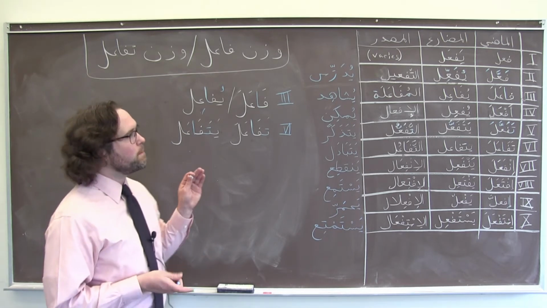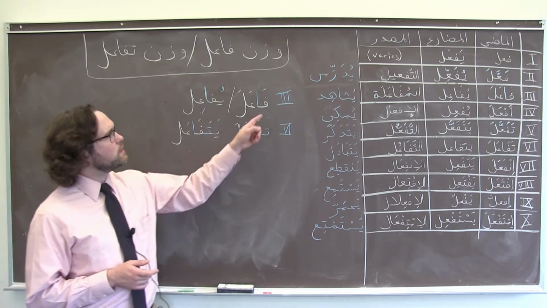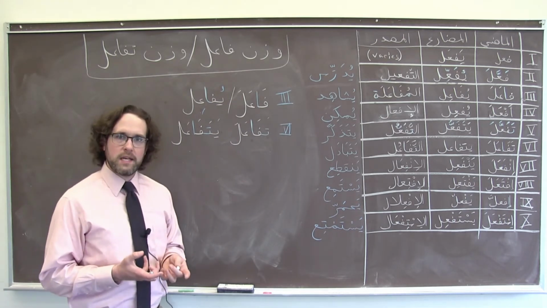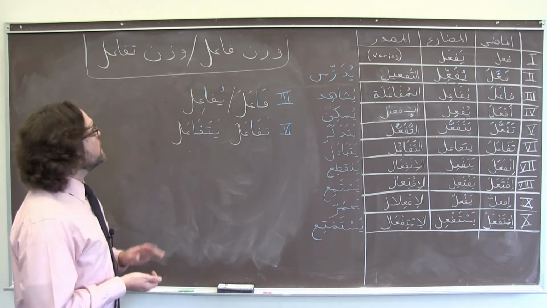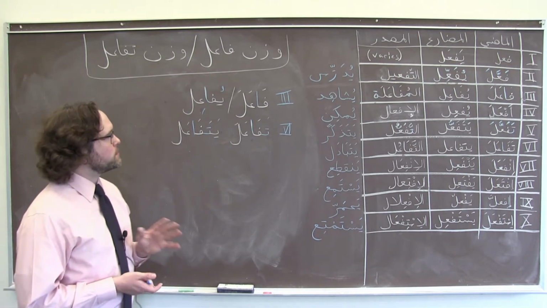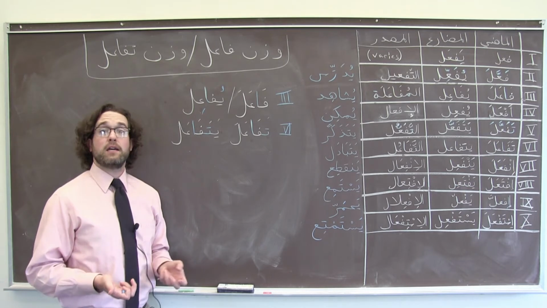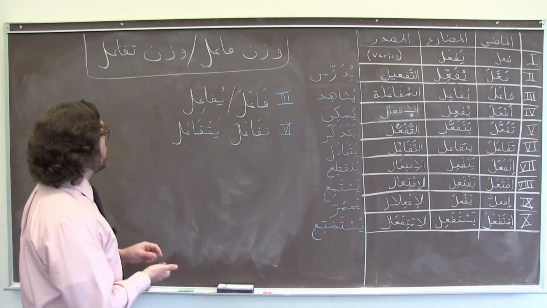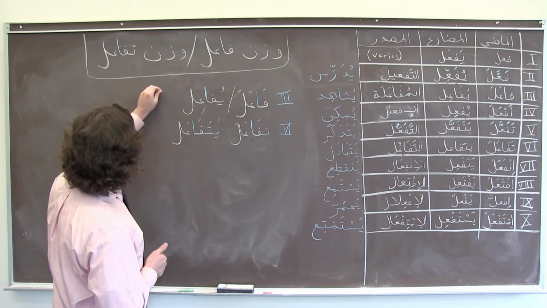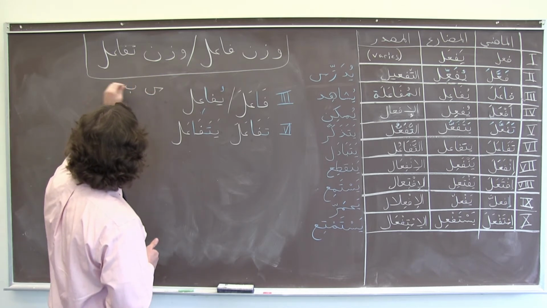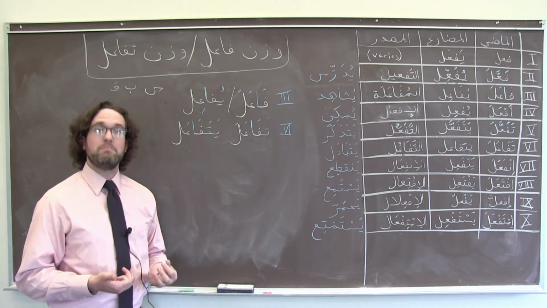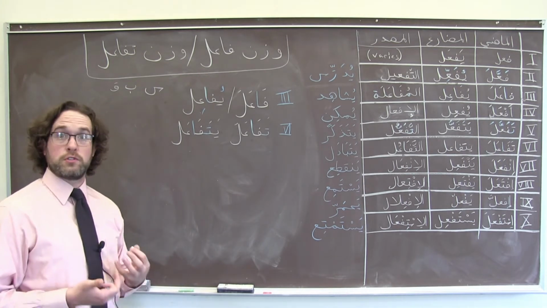In terms of the basic meanings, how the wazn affects the core meaning of the judr, the root, form 3 has a couple of meanings. One meaning that's pretty common is trying to do something. So we have the verb, or I should say the judr, sin, ba, qaf, which at its most basic means coming before, being first.